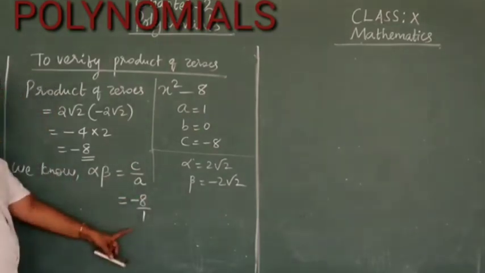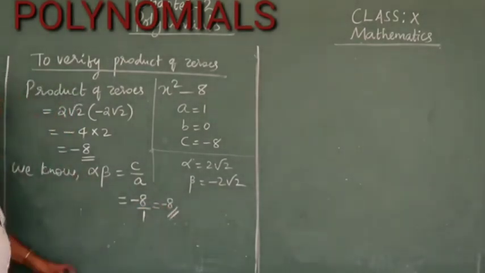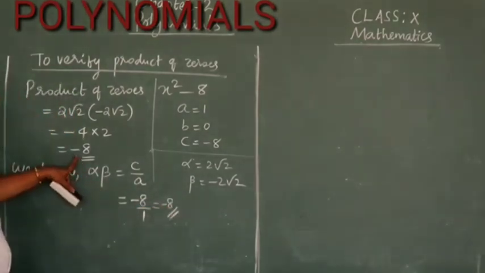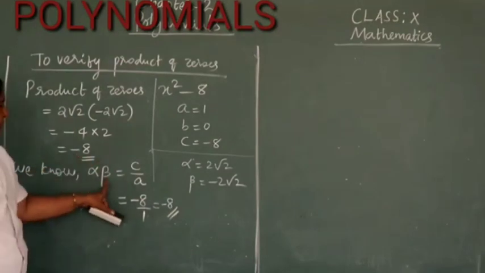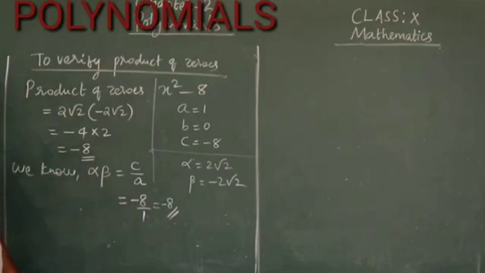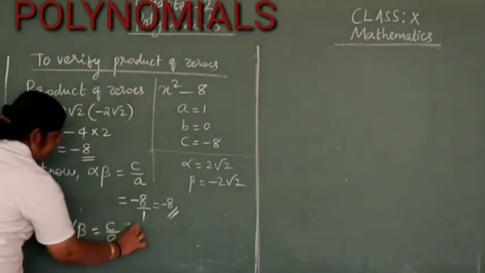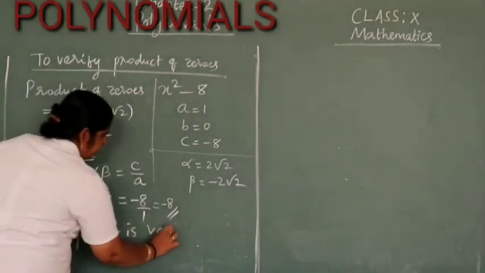What is minus 8 by 1? It is minus 8. So what can you verify here? The first answer is minus 8, and using the relation also we got minus 8. Therefore the product of the zeros is also verified. Therefore alpha beta equal to c by a, this relation is verified.